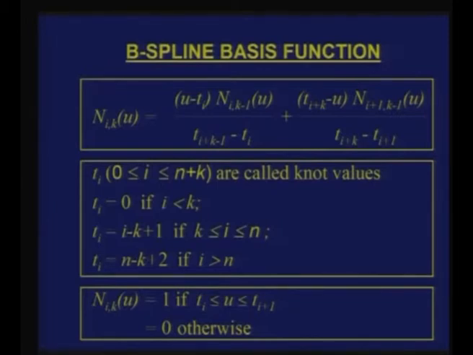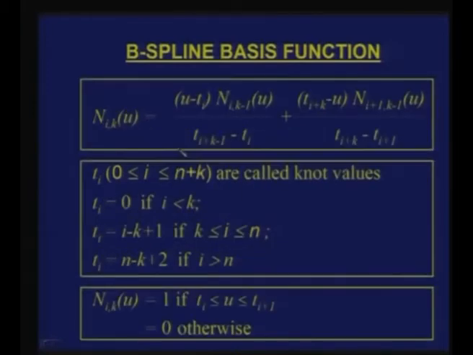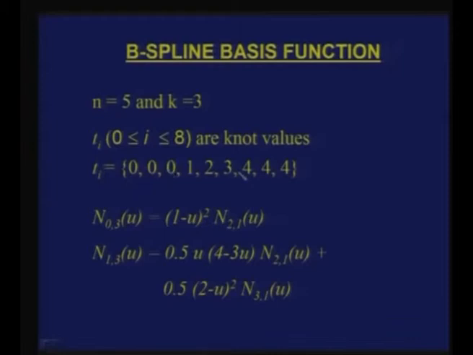Now, let us just look at a simple example. For example, if I have n is equal to 5 and k is equal to 3, which is this thing. So, we know that the knot values go from 0 to n plus k, here 8. If I substitute in the previous expression which we have seen, I can obtain all the knot values which are this.